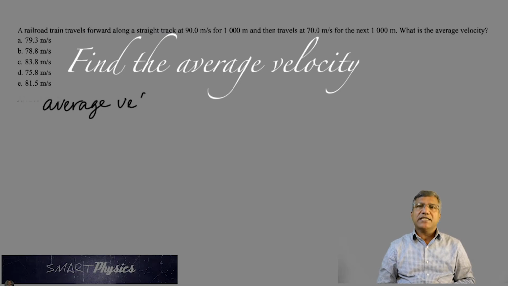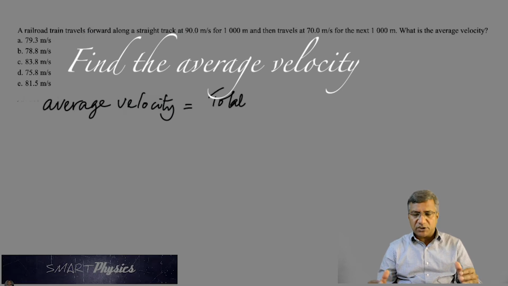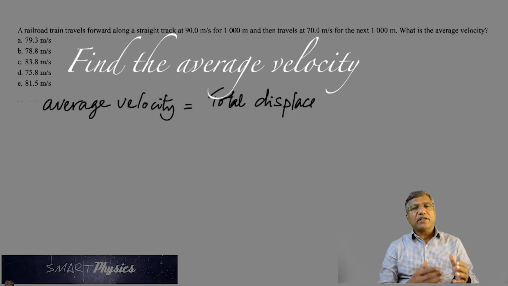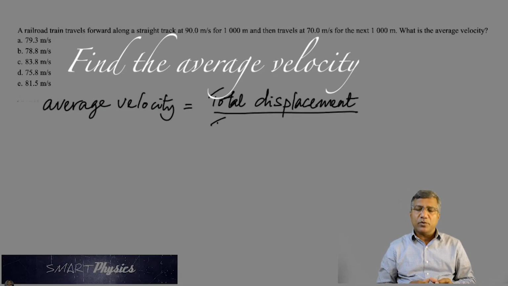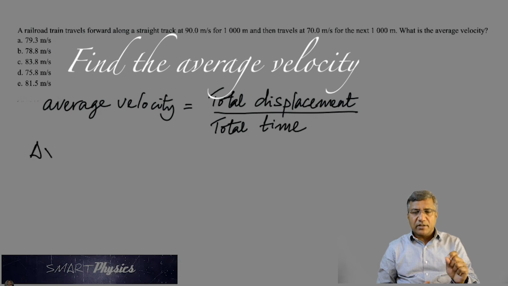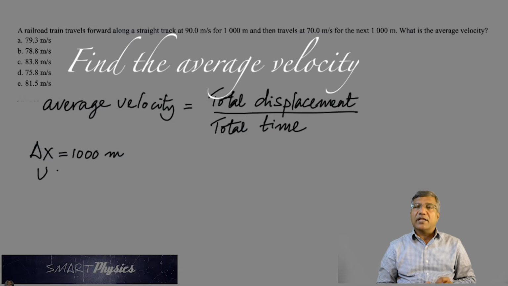Average velocity is total displacement divided by total time. Now, to find the time in each case, we will list it down. First case, delta x is 1000 meters and the velocity is 90 meter per second. Time is displacement by velocity.